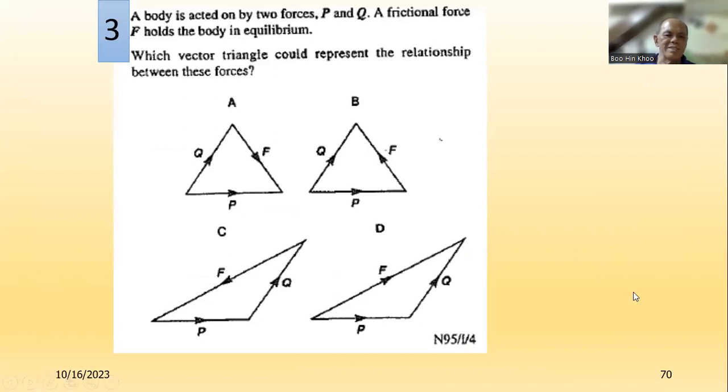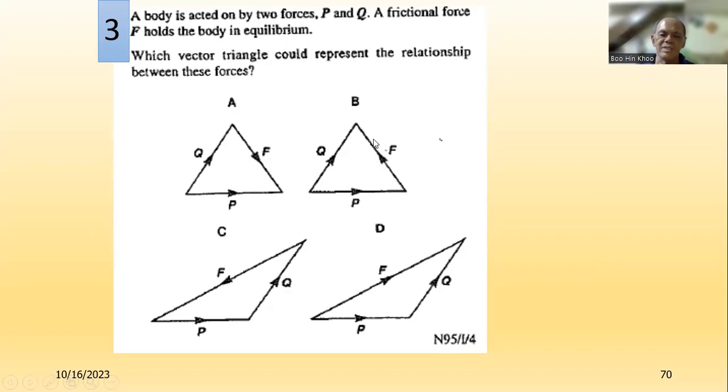Okay, what will be the answer? A body is acted on by two equal forces, E and Q. A frictional force, F, holds the body in equilibrium. Which vector triangle would represent the relationship between the forces? Remember, the three forces now form a closed triangle. This one, no, this is the resultant.